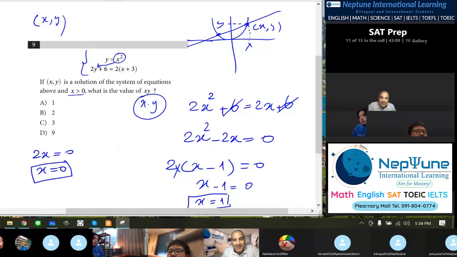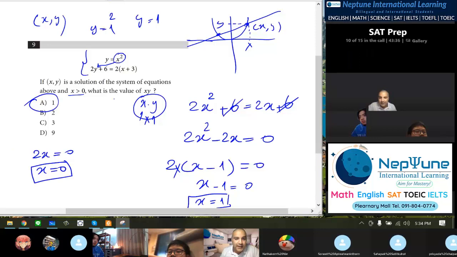The question tells me the one that is more than 0. So x is 1. How can I find y? Y is x squared. You just put 1 here. 1 squared, which is 1. Now you want the product. What is the product of x and y? So x is 1 times y is 1. The product is 1. Cool? So use the fastest method.